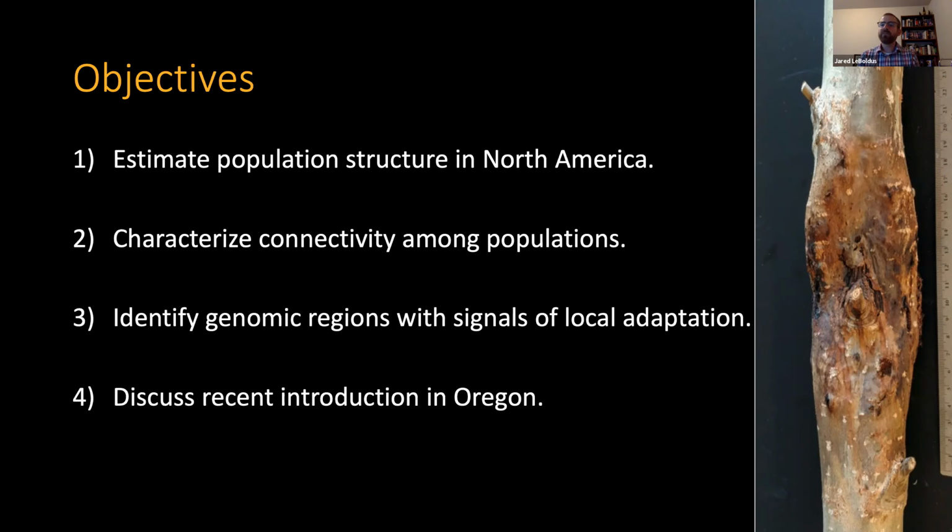We were interested in identifying genomic regions with signals of local adaptation. And the idea here being that if we could find genes or groups of genes that might demonstrate differences between these, they might be targets for future or downstream functional work. And then finally, I'm going to discuss a little bit the recent introduction into Oregon and some of the work that we've done around that.